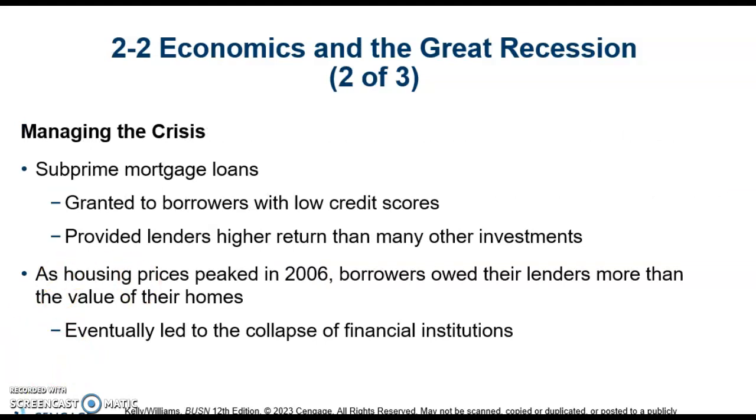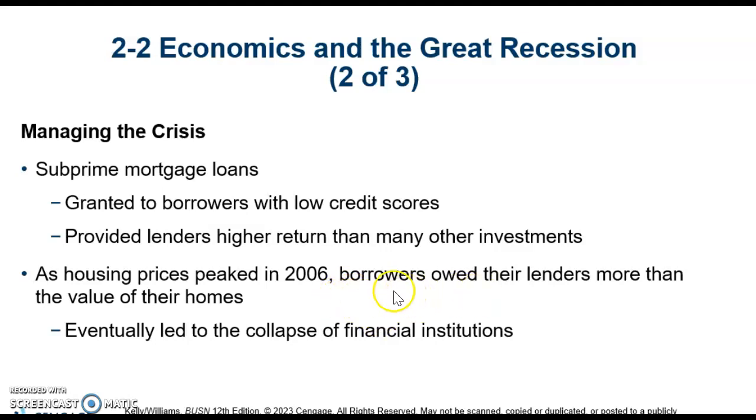So what happened was what we call subprime mortgage loans. And these were granted to people with low credit scores, and it provided lenders higher return than many other investments. But what happened is the housing prices peaked in 2006. So they were on their way up, and then they peaked and they started going down.